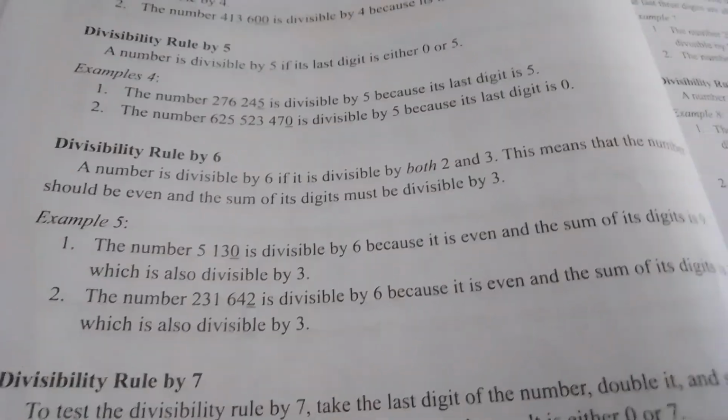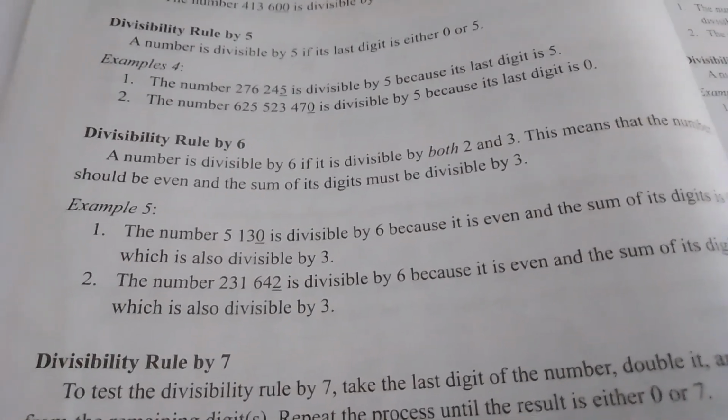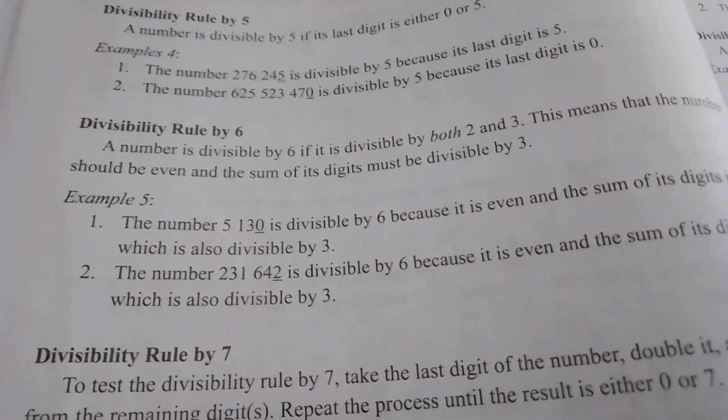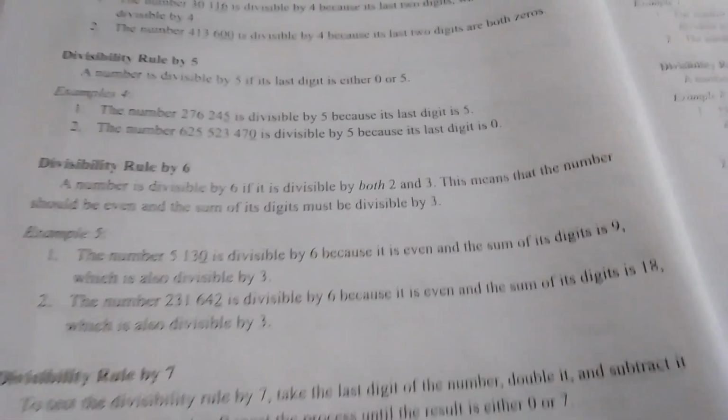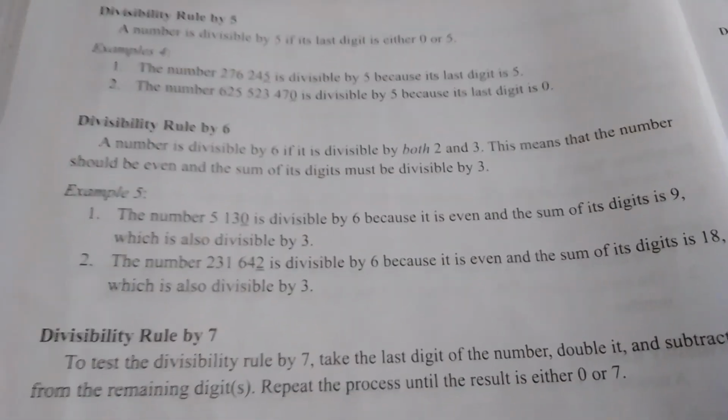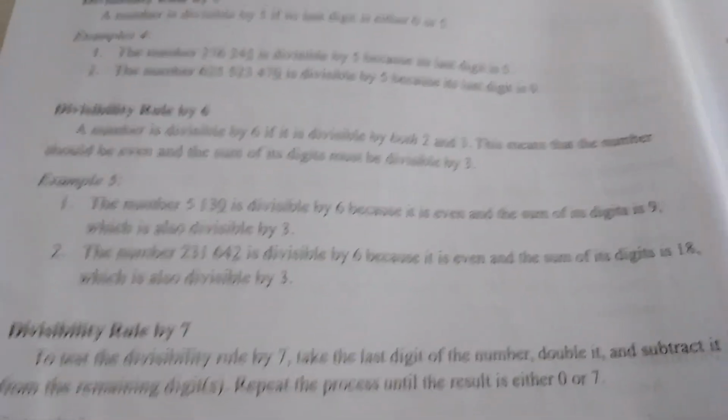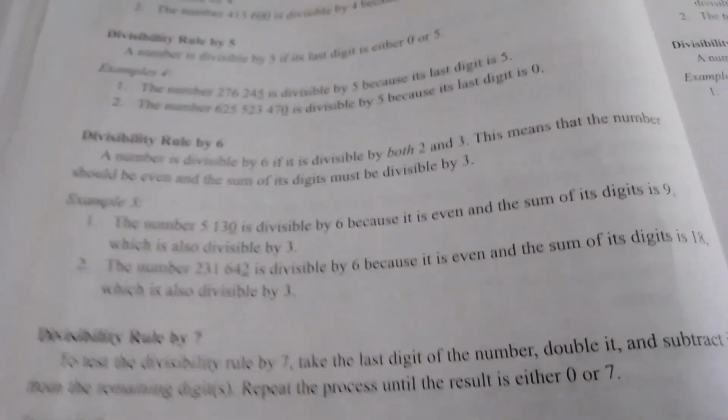Divisibility rule by 6. A number is divisible by 6 if it is divisible by both 2 and 3. This means that the number should be even and the sum of its digits must be divisible by 3.